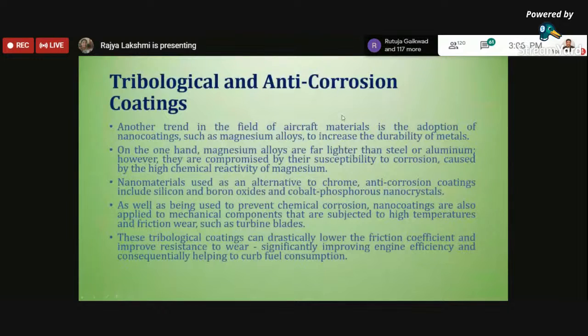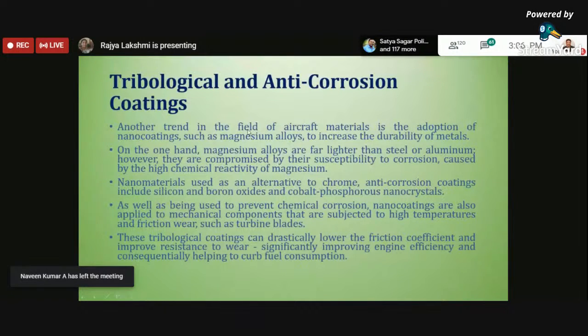To improve these anti-corrosion and tribological properties, aerospace industries are adopting nanotechnology in terms of coatings, not in terms of developing materials, but coatings over the materials. So how nano coatings are helpful for protecting the craft surface from various environmental conditions.